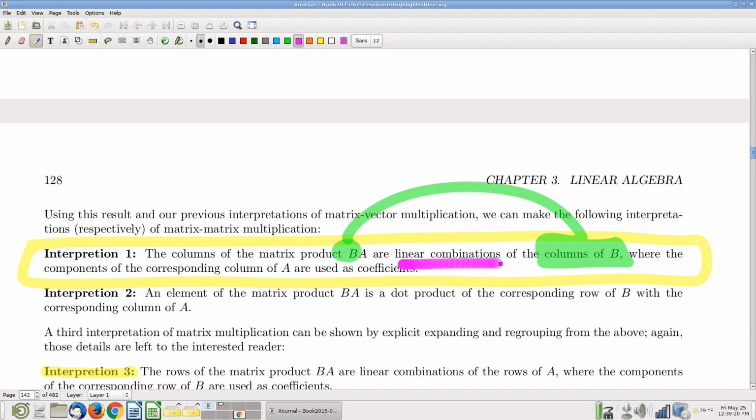We're going to take linear combinations of those columns where we then use the corresponding column of A, our right matrix, as the coefficients. We are basically cornered into choosing this as our definition. This definition about columns of the left matrix, linear combinations of the columns of the left matrix, where you use the corresponding column of the right matrix as your coefficients.